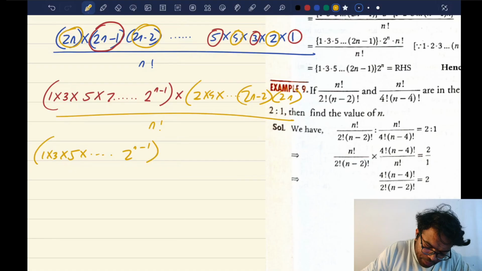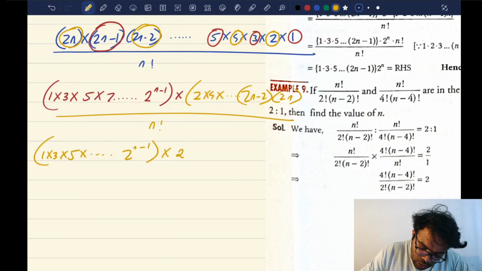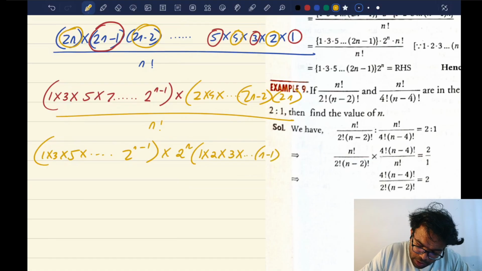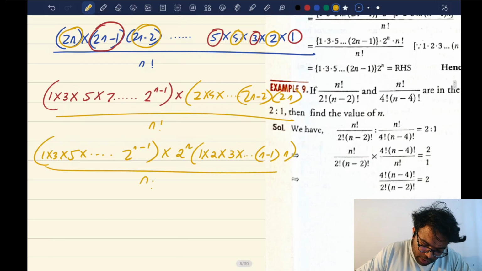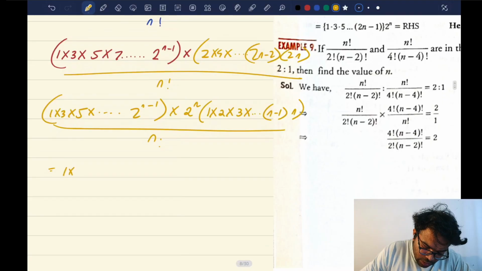So you have 1 into 3 into 5 into dot dot dot 2 raised to the power n minus 1 multiplied by, if I take the 2 out, what do I get? How many 2's are there? n 2's are there. So 2 to the power of n, you have 1 into 2 into 3 into dot dot dot n minus 1 into n upon n factorial.